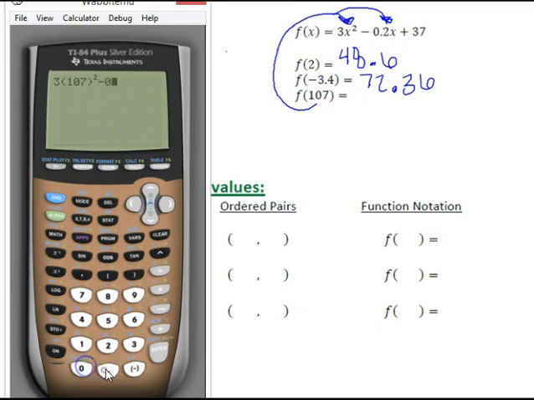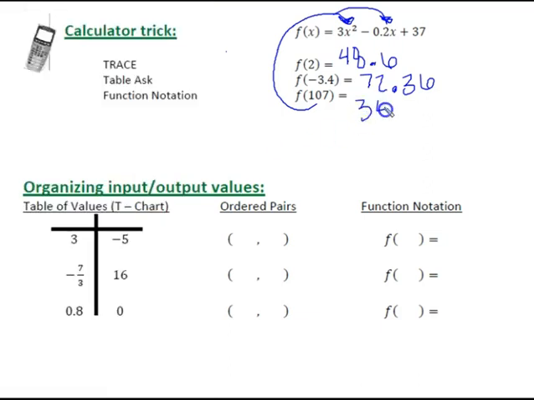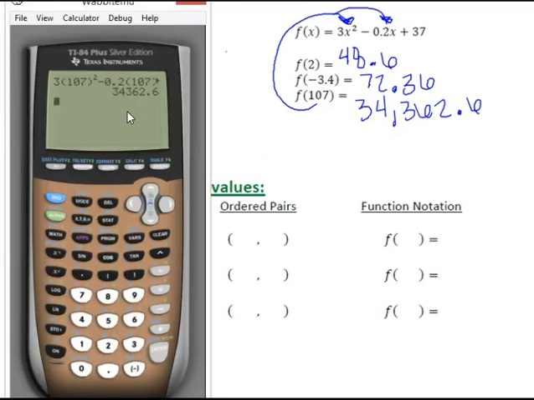I'm going to subtract 0.2 times 107, and I'm going to add 37 on the end. Alright, so I get 34,362.6. Yes, okay. So you have this option as well, actually plugging it into the equation. You don't even have to worry about a graph. You can always do it that way.